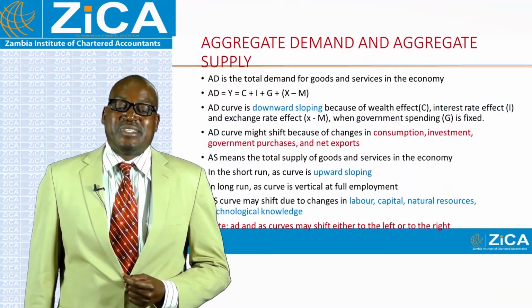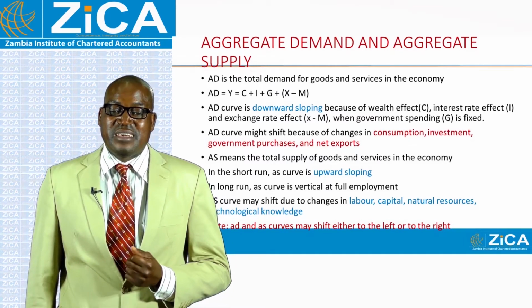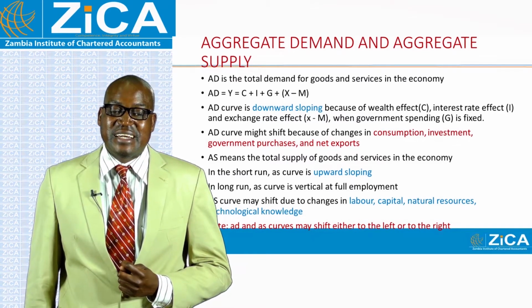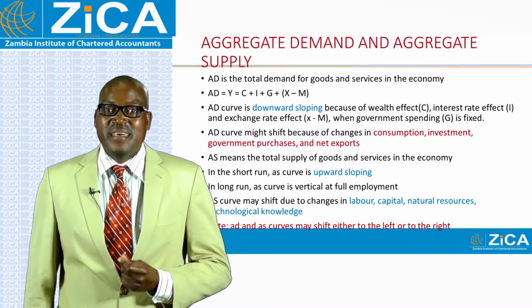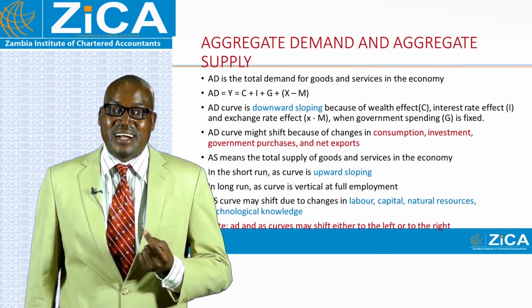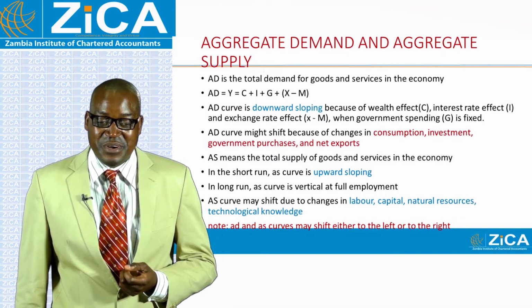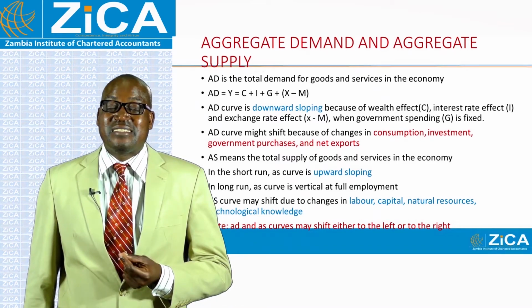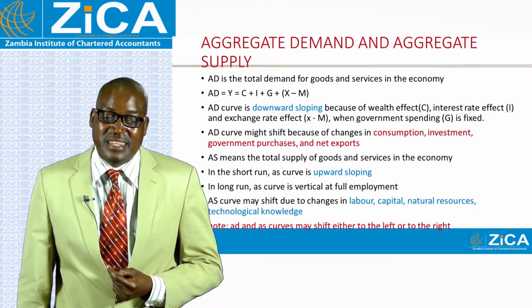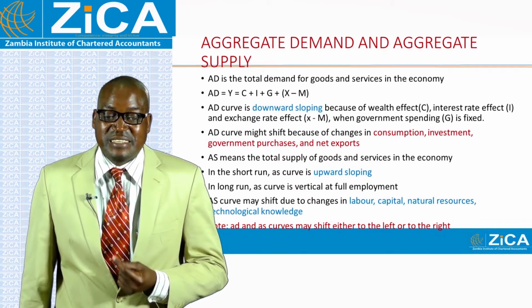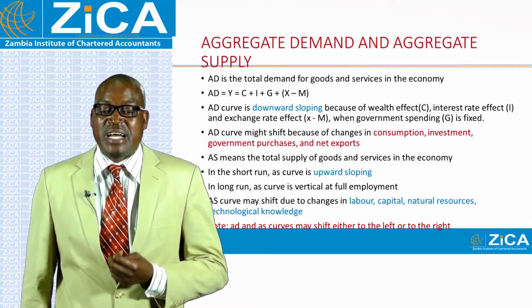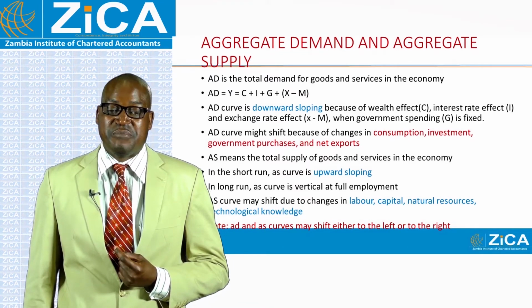We move on to another important topic here, which is aggregate demand and aggregate supply. This is a topic where calculations are supposed to be performed as well, and it is very easy to understand what is required to calculate that. Remember, aggregate demand is simply the total demand for goods and services in an economy.